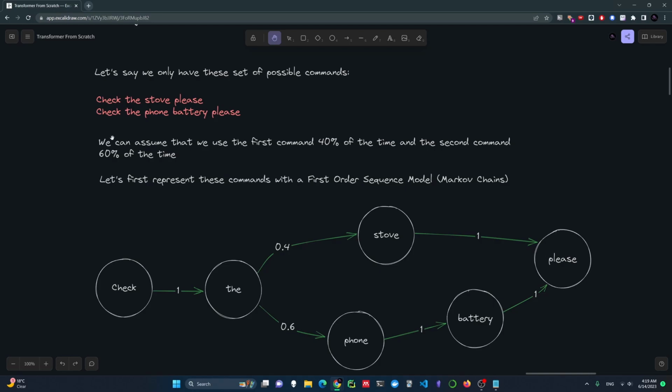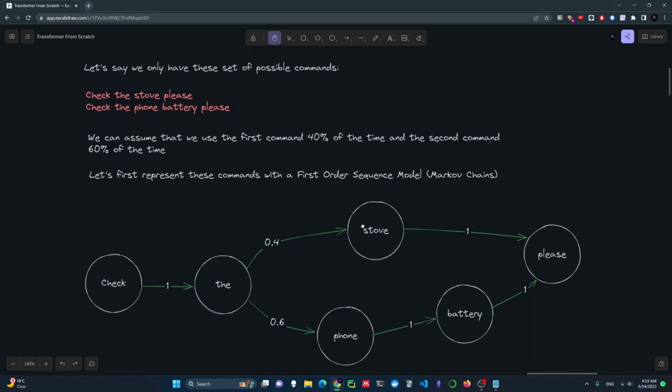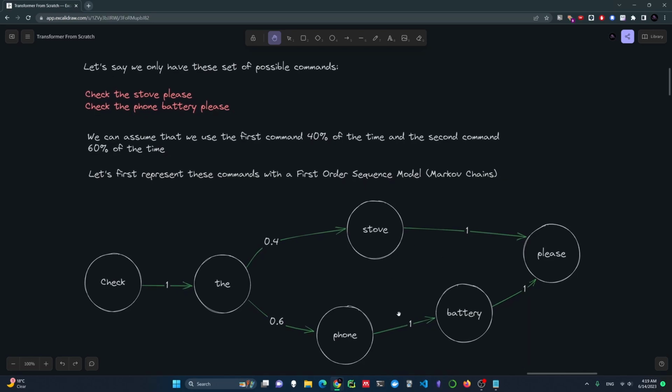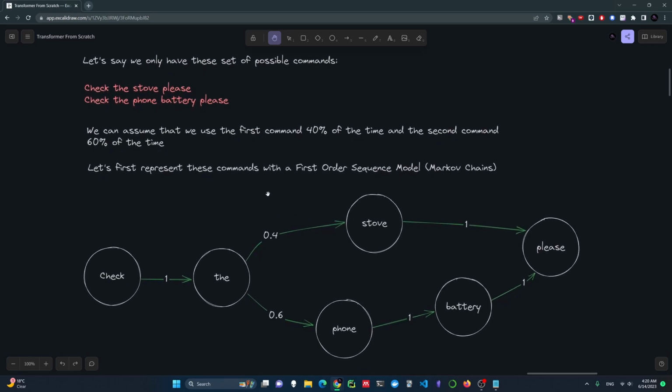These are based on our assumptions and our predefined set of possible commands. And then using the same logic, we can see that battery occurs only after the word phone. And please happens after stove and battery. So this is how we represent these commands with a first order sequence model.